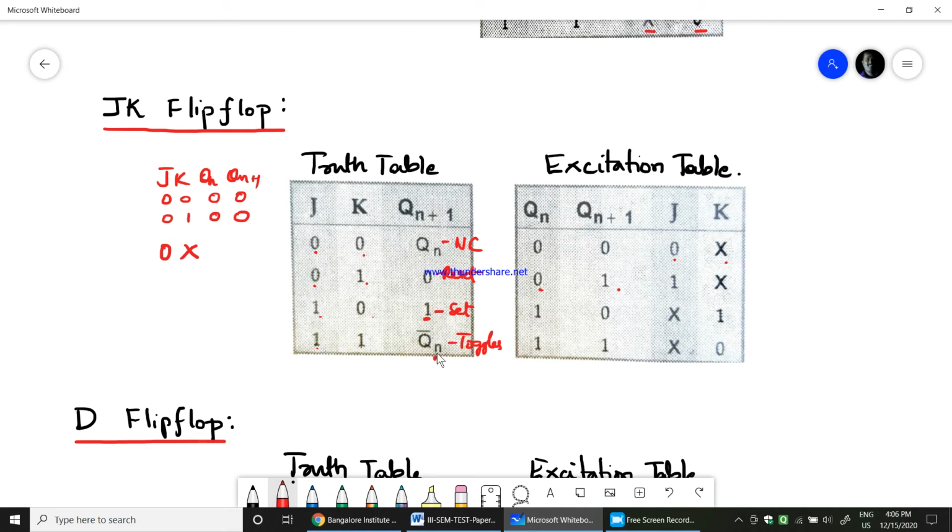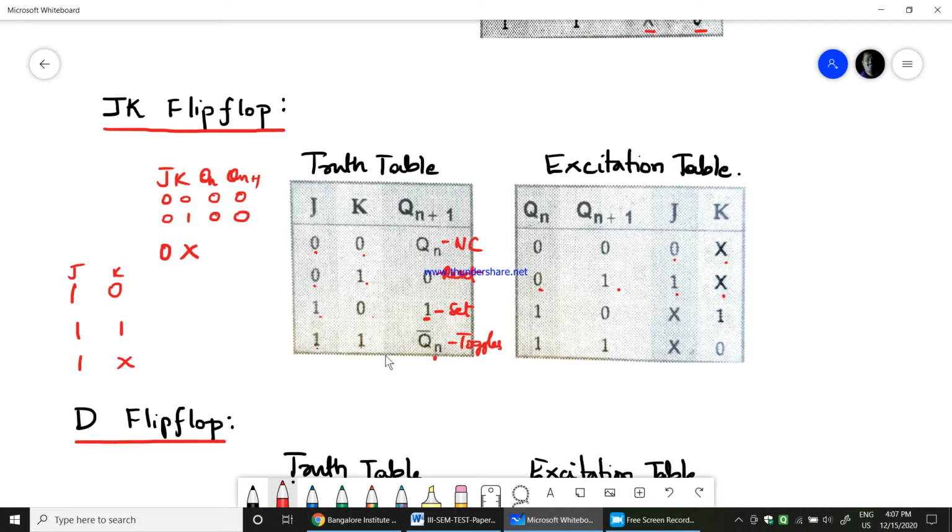When Qn is 0, Qn bar is 1, right? Therefore, it can happen in two different states. One is when JK is 1 0, and the other is when JK is 1 1. So this can be written as 1 X, and that is what you have written, 1 X.